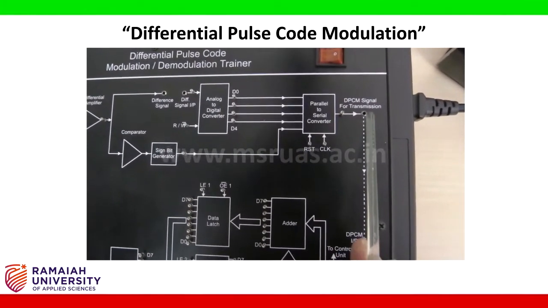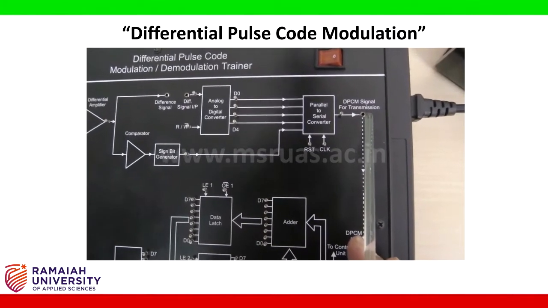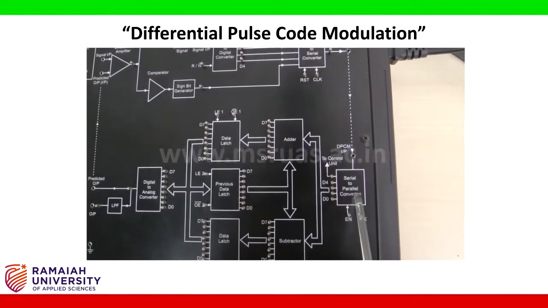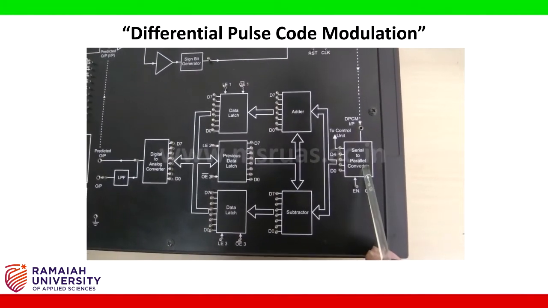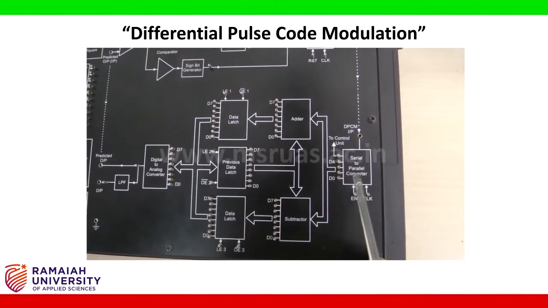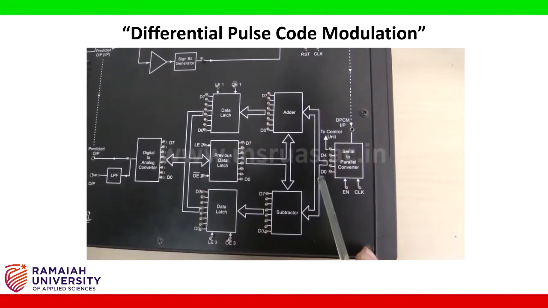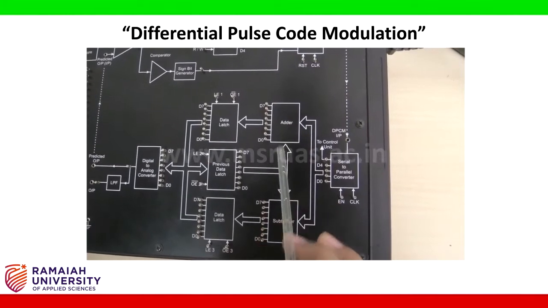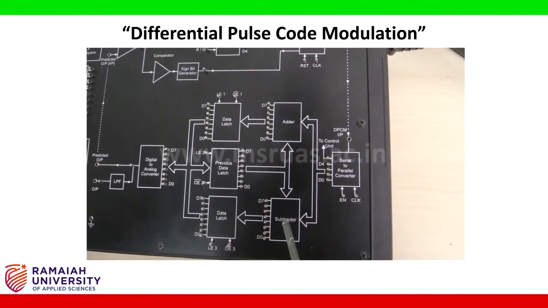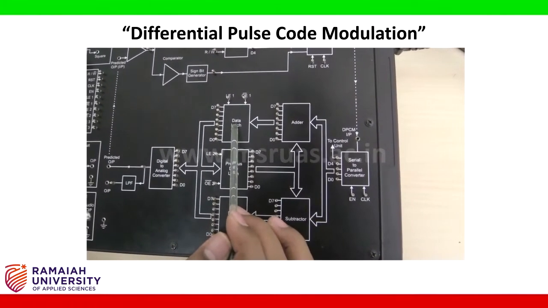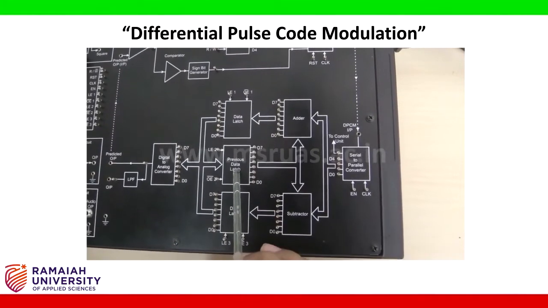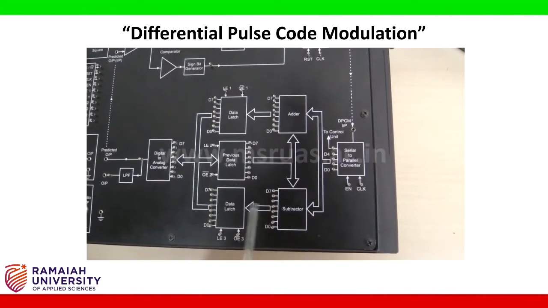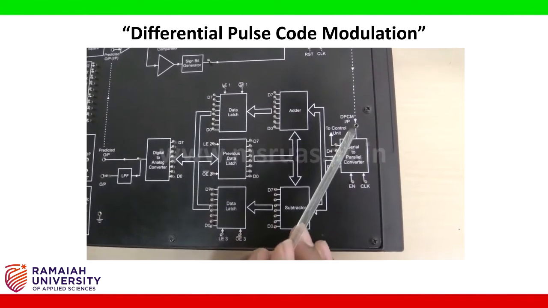The series of bits will be fed into the serial to parallel converter. Here the output of the serial to parallel converter is fed into the adder as well as the subtractor, and the data latch, previous data latch and the data latch connections are shown in this block diagram.